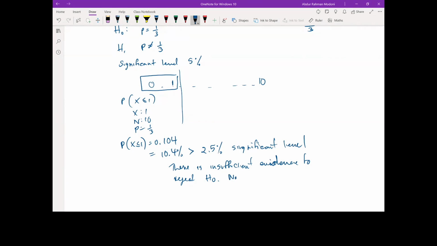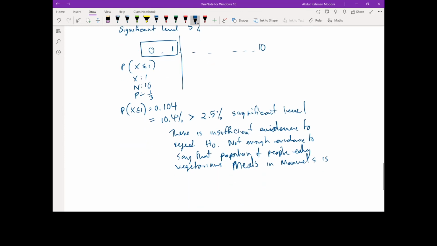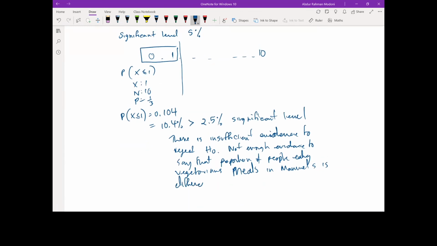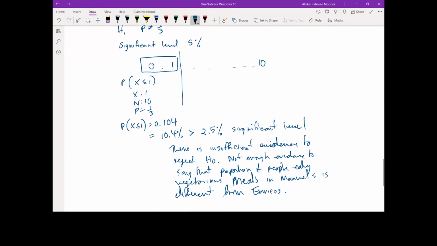So not enough evidence to say that the proportion of people eating vegetarian meals in Manuel's restaurant is different from Enrico's. So we need to make sure we write a conclusion statement in the context of the question.